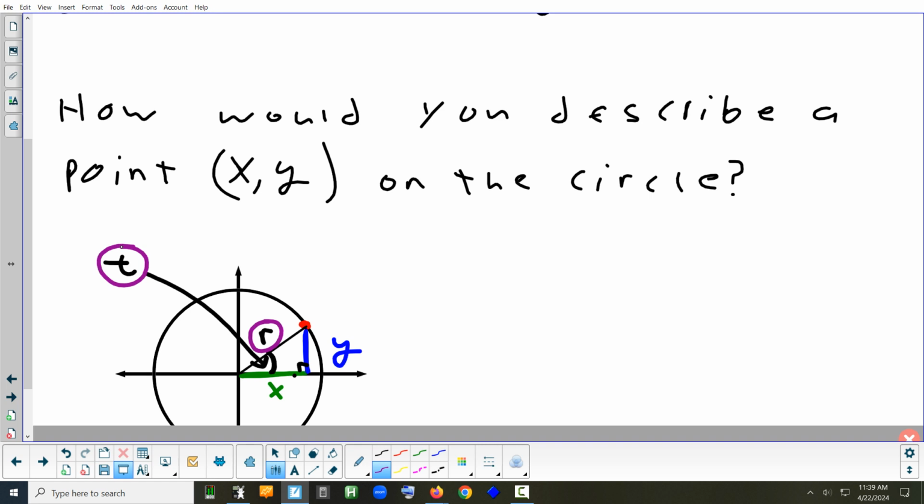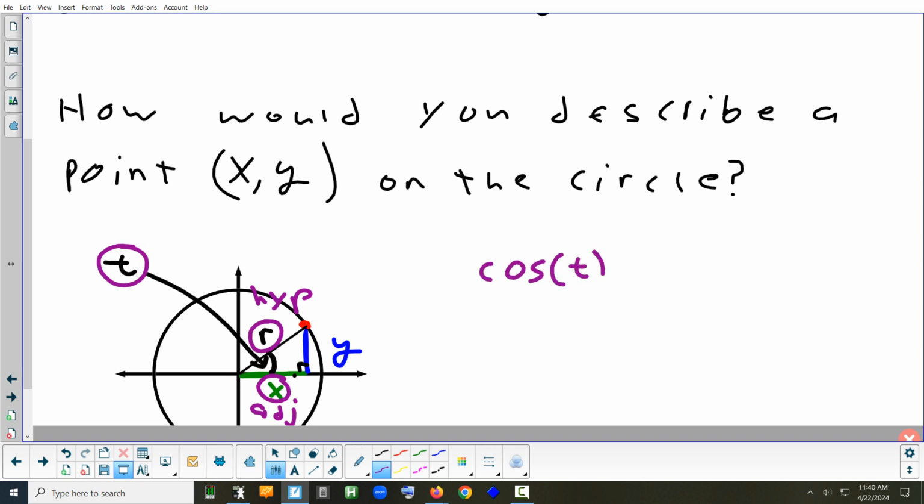We're going to use a trig function. Let's start with x. What is side x relative to that angle? What position is it? It's adjacent. What position is side r? Hypotenuse. So what trig function involves adjacent and hypotenuse? Cosine, yep.